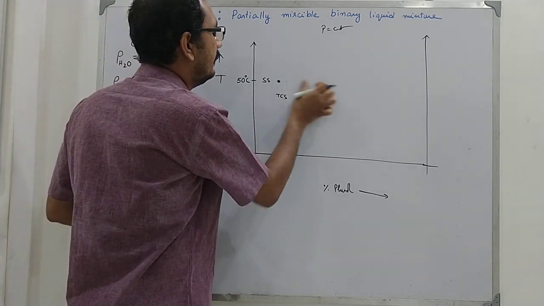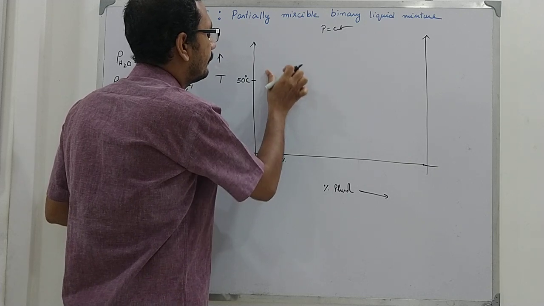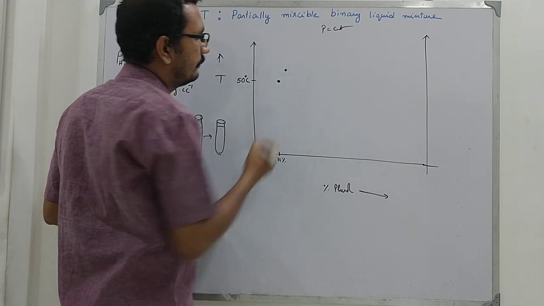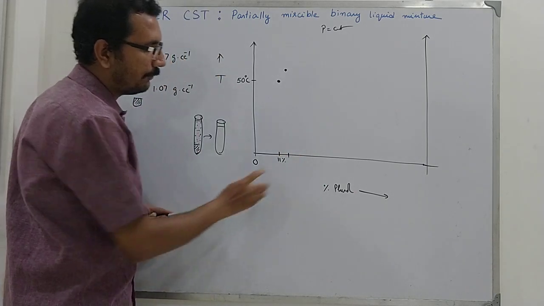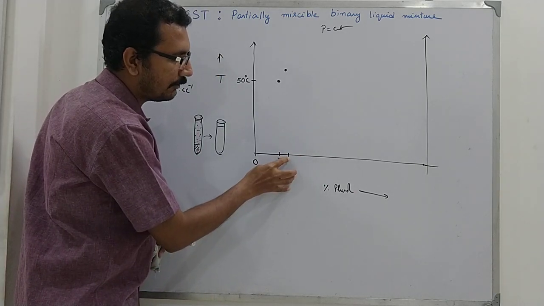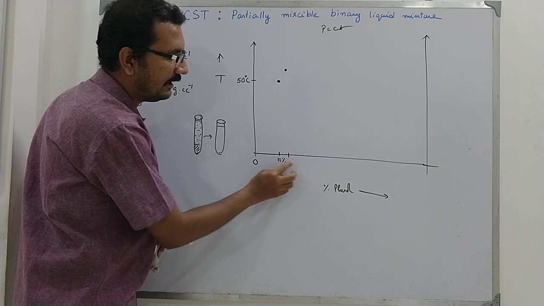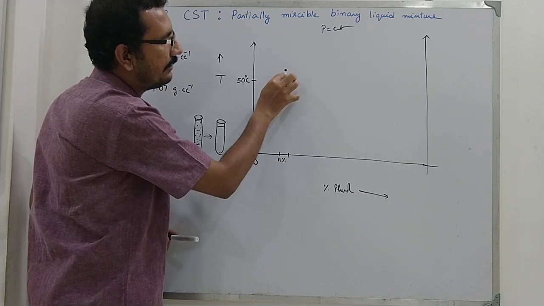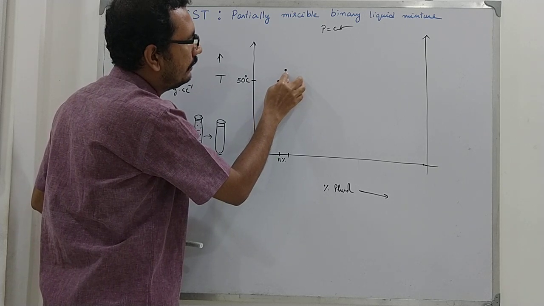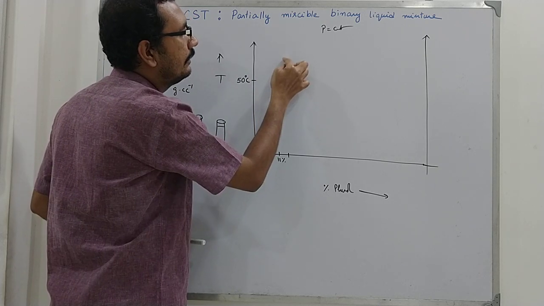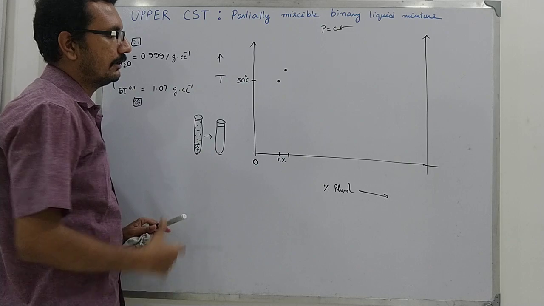So the next point will come here. For a solution having a percentage of phenol greater than 11%, you need a higher temperature than 50 degrees centigrade, beyond which it will convert to a single solution.